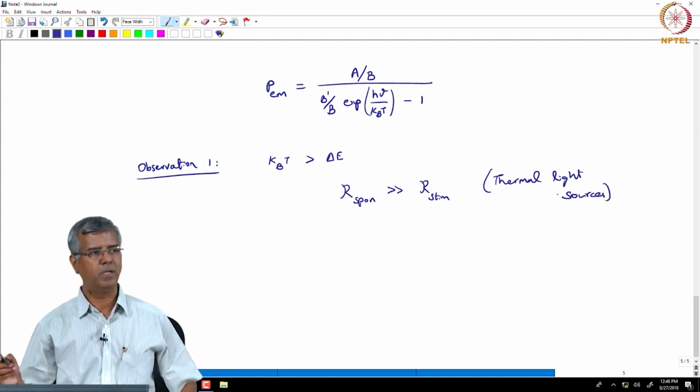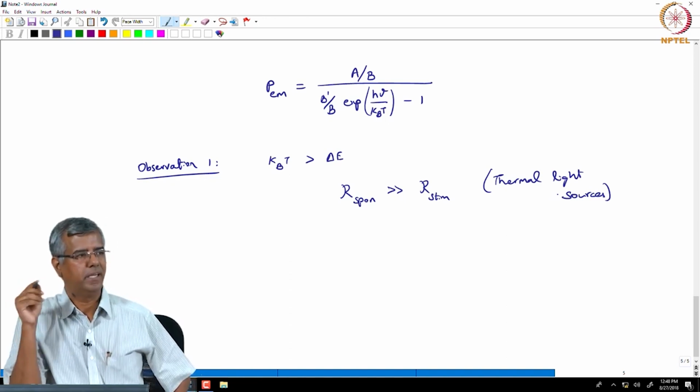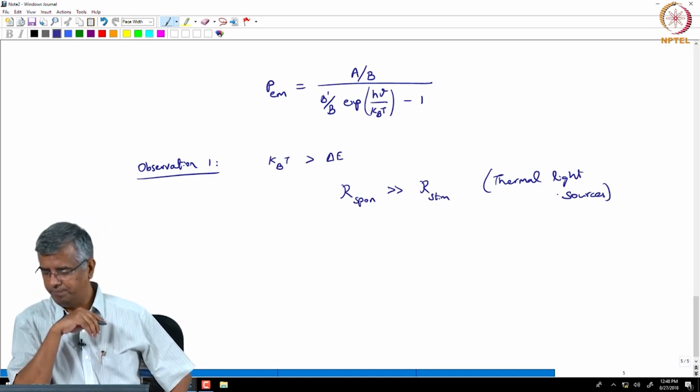What is an example of a thermal light source? This tungsten filament lamp, right, the incandescent lamp.